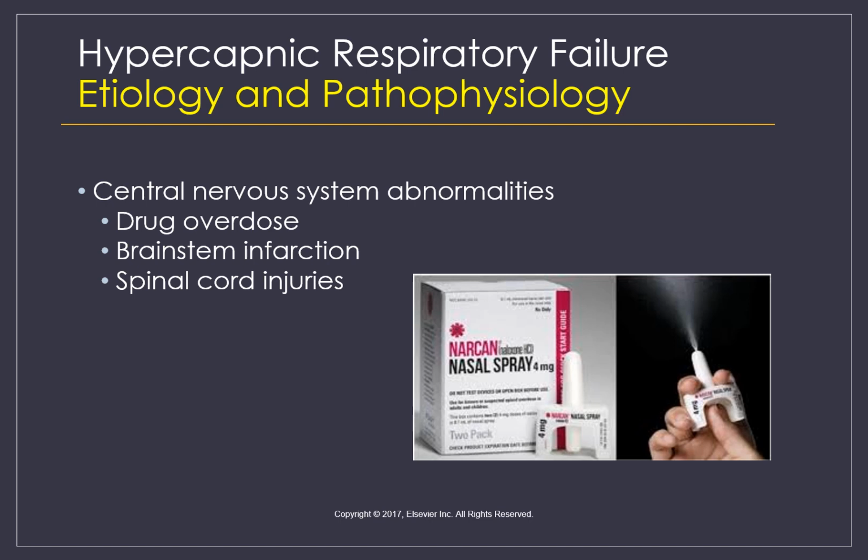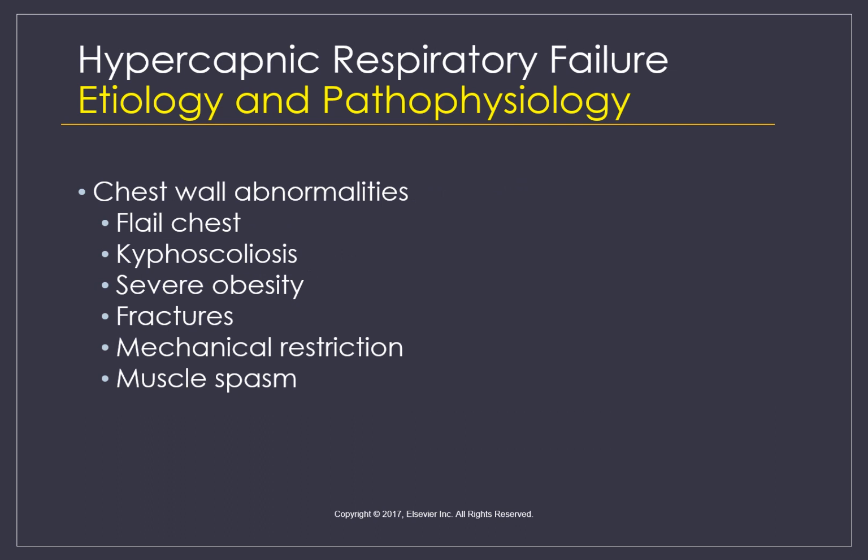Other spinal cord injuries that affect the respiratory muscles of the chest wall and diaphragm can also cause issues with hypercapnia or the ability to manage secretions. So we have flail chest, kyphoscoliosis, severe obesity, fractures, mechanical restriction, and muscle spasms. Any of these conditions prevent normal movement of the chest wall and also limit lung expansion.